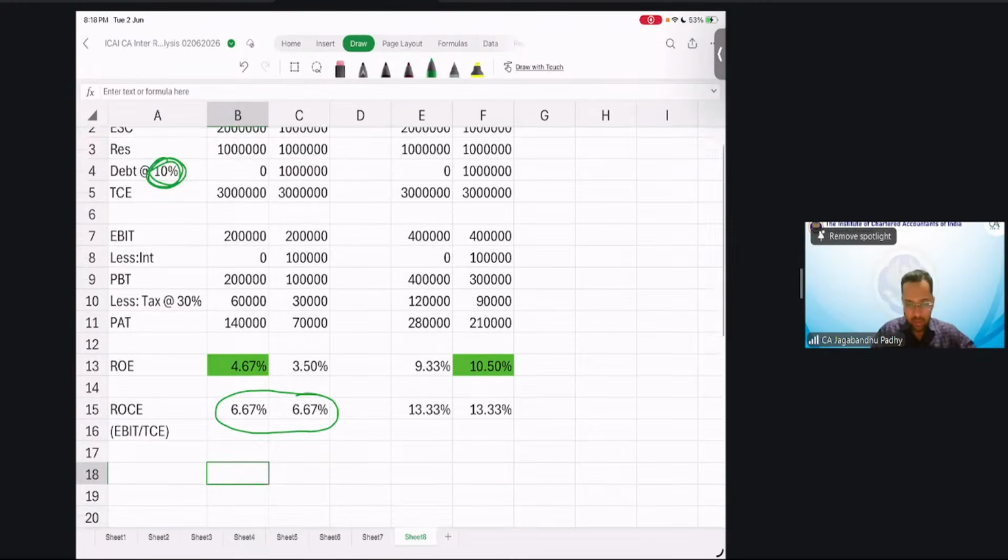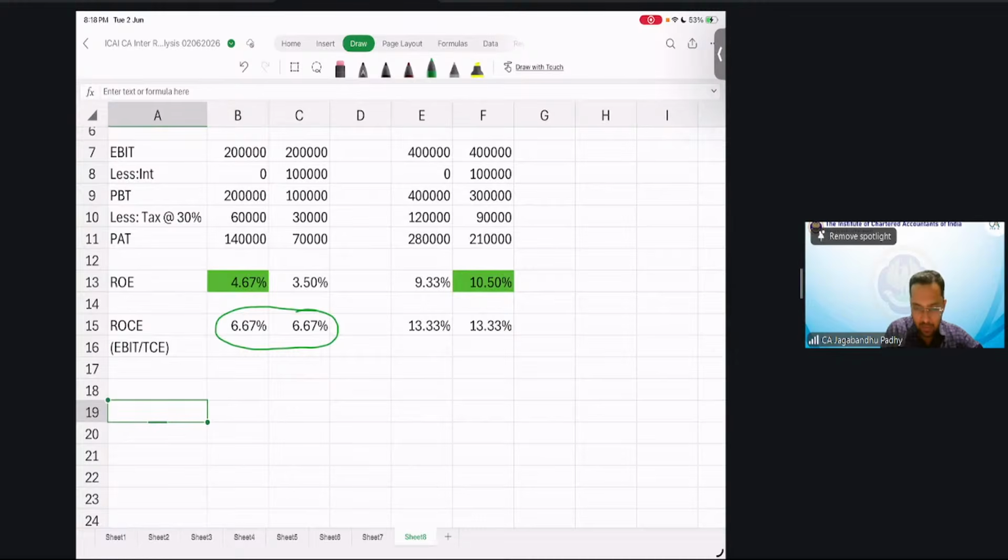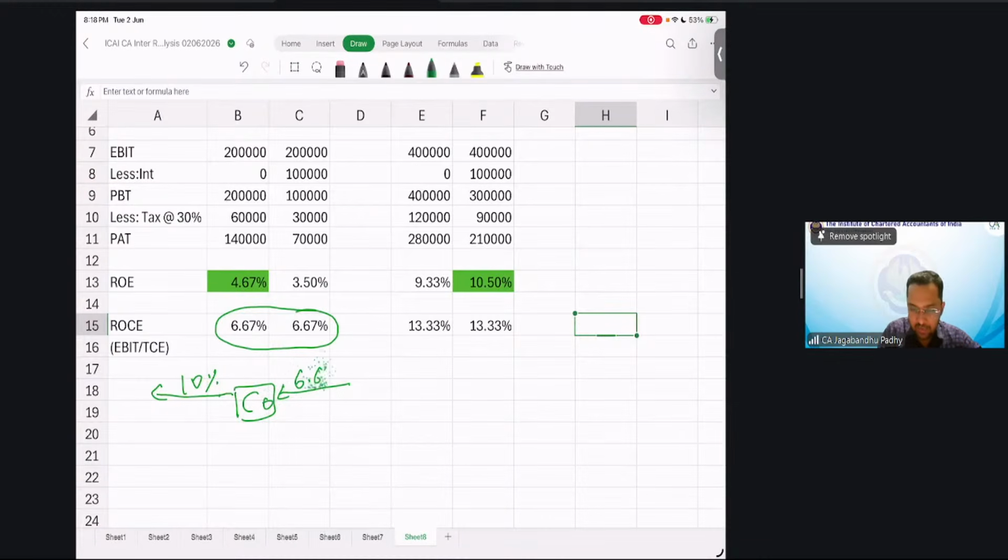It means the company has got debt, and the company has an obligation to pay 10% interest, whereas it is earning 6.67% return.